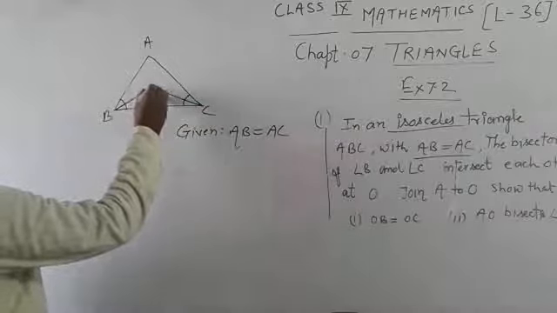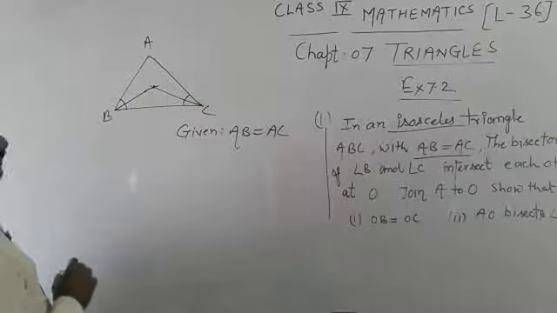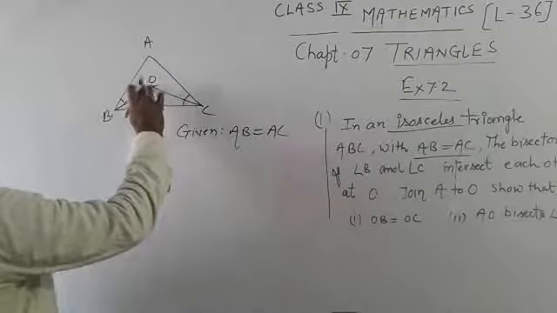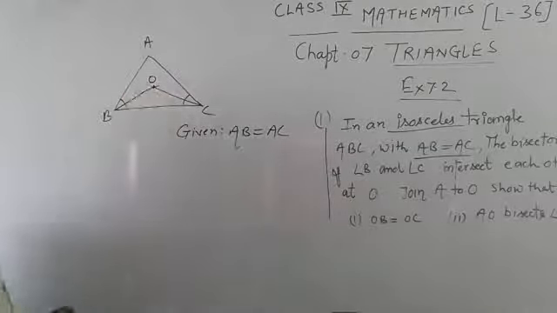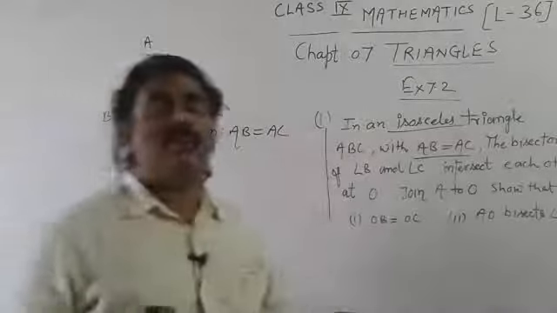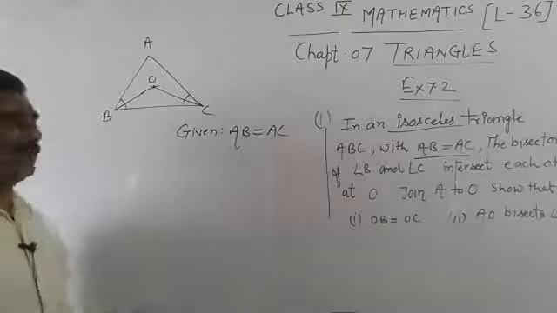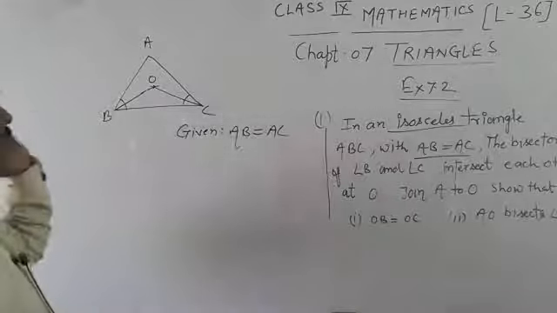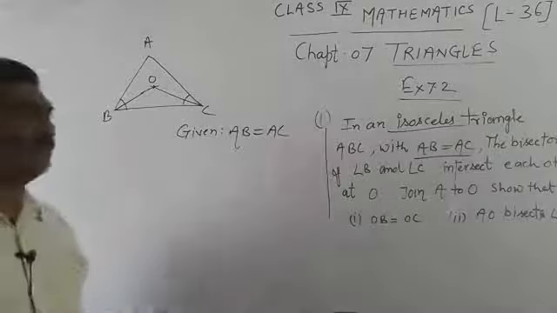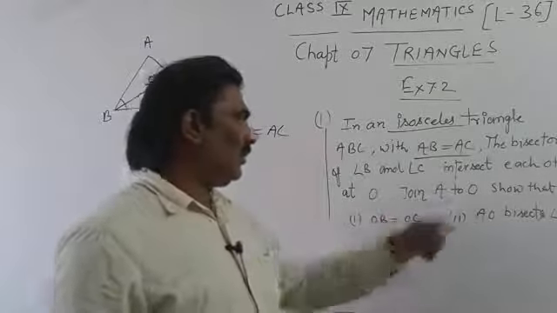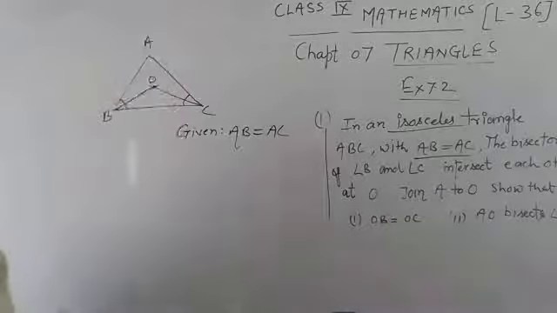These bisectors meet or intersect at point O. Okay students, so these are bisectors of angles B and C. Bisect means the line which divides the angle into equal parts. So BO is a bisector of angle B and CO is a bisector of angle C. Now join AO, A to O, so that OB is equal to OC.